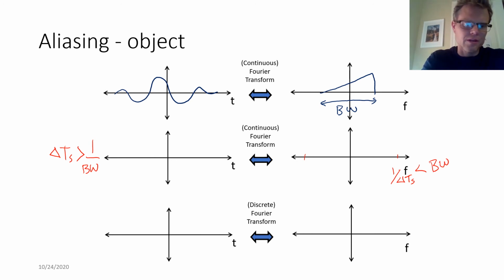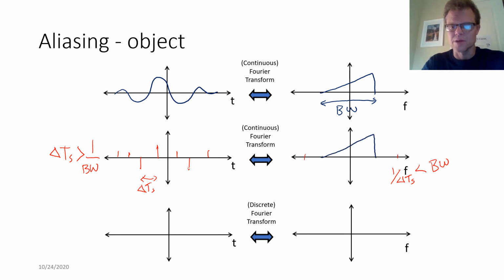Okay, so let's illustrate what that could look like and say, maybe it's samples that are too far apart. This is our delta Ts. So what the sampling theory with these replicas tells us is we're going to get a copy of the Fourier transform of our object, but repeated. And by this choice of the sample spacing, you can calculate this out.